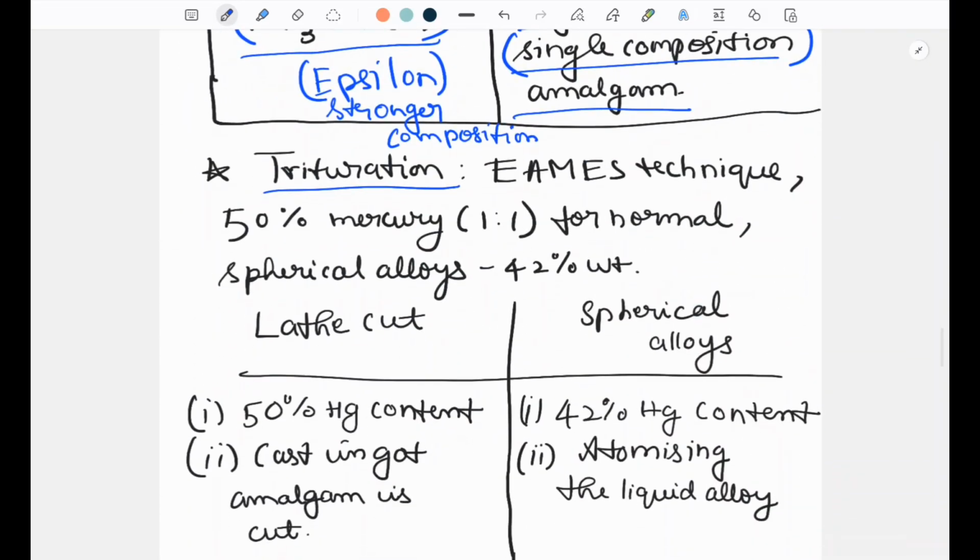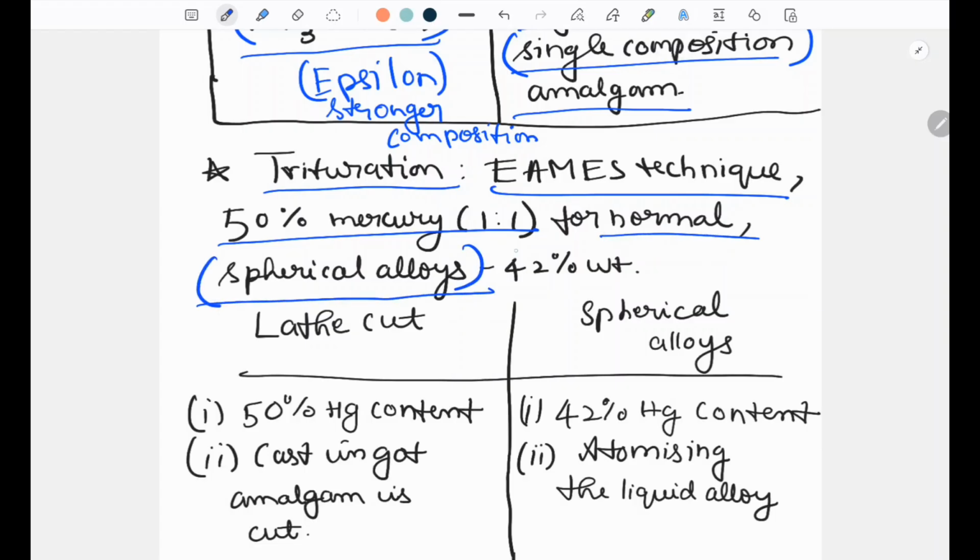Here we use the Eames technique, that is equal parts of mercury and equal parts of amalgam alloy. Normally it's done for lathe cut alloys. For spherical alloys it differs, where 42% of mercury is used. Whenever mercury goes down in composition, first of all, it's not going to be a health hazard.